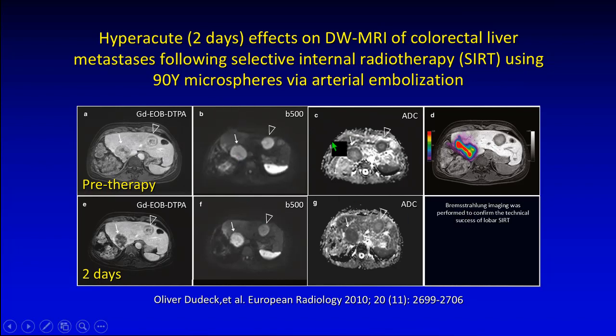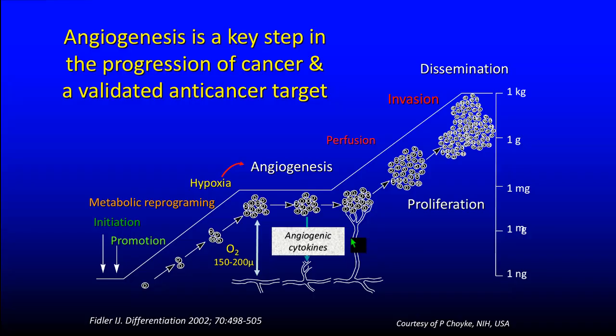And look what happens to the ADC. Look, the ADC goes down. So if you shrink the extracellular space, the cells become more packed, ADC value goes down. In other words, remember, there's a biological mechanism for your observation. You need to understand why that happens.